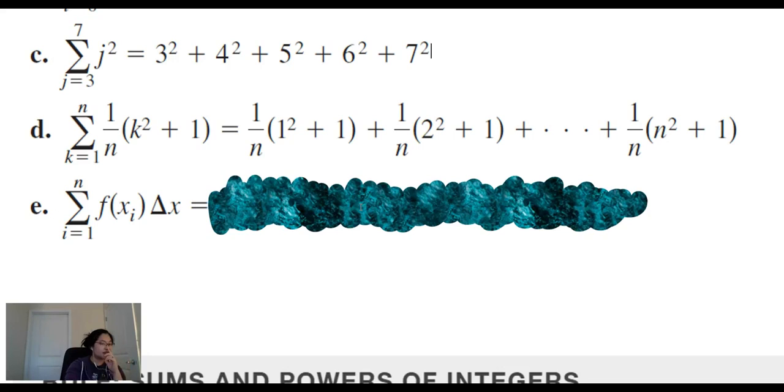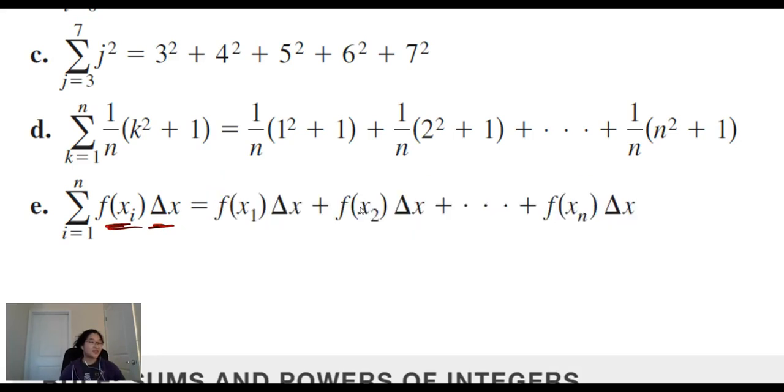I wonder if you're going to get the area of a rectangle, right? An area of a rectangle with base delta x and a height of f of x sub i. Interesting. So, what we end up with is evaluating our function at various locations and multiplying by some change in our x direction.